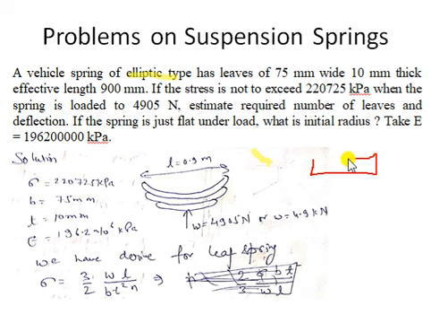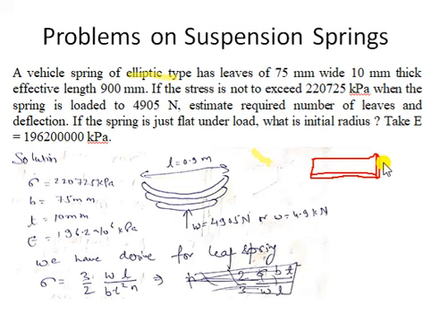This is the blade of the leaf spring. So the width of this blade is 75 mm, and the thickness, if I draw it in a 3D case like this, the thickness of this blade is 10 mm.